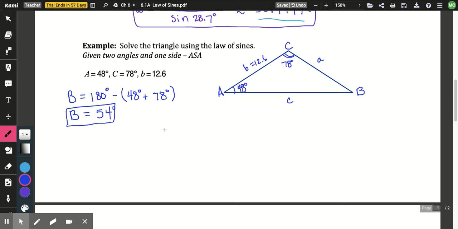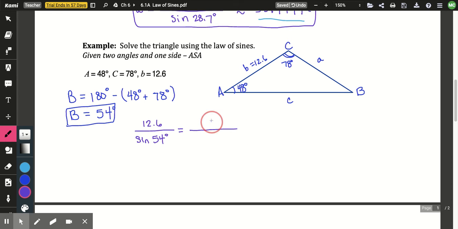And now I'm ready to go after one of the sides. In order to use law of sines, you do have to have one side and its associated angle. And now that we have angle B, we do have that. So I'm going to go ahead and set up my law of sines here. I'm going to start with 12.6 over sine of 54 degrees. And that'll equal one of the other sides over sine of its angle.